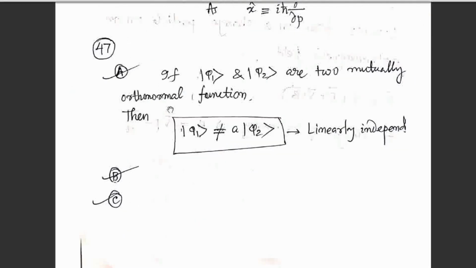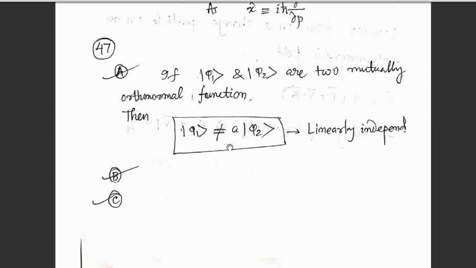Because let's take any two functions psi1 and psi2, and suppose these two wave functions are mutually orthonormal. If they were dependent, we could write one function as a scalar multiple of the other, and then we would call these two wave functions linearly dependent.